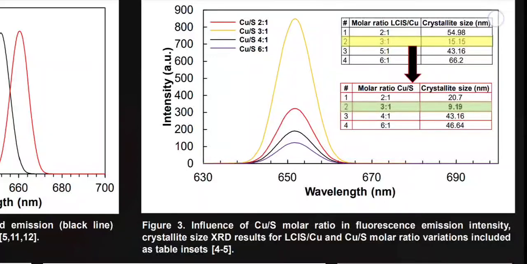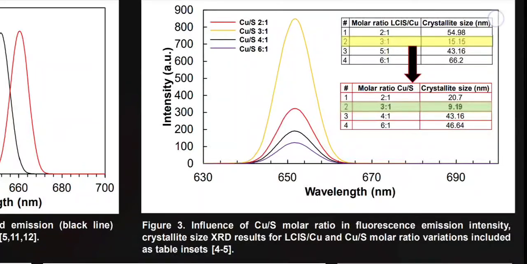Moreover, an increased molar ratio increases crystalline size, and a high concentration of LCs in suspension increases molecular collisions, promoting cluster formation. An intermediate amount of LCs, that is the molar ratio of 3 to 1, allows the lowest crystalline diameter or size.